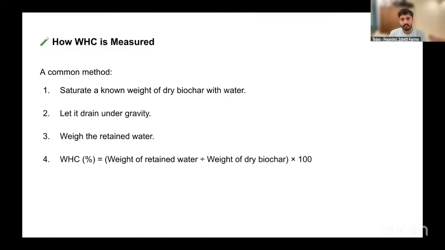When you no longer see any water dripping, you can weigh that material, in this case biochar. With the two weights, the weight of retained water divided by the weight of biochar, multiplied by 100, gives you the water holding capacity as a percentage. That's how one can measure their biochar's water holding capacity.